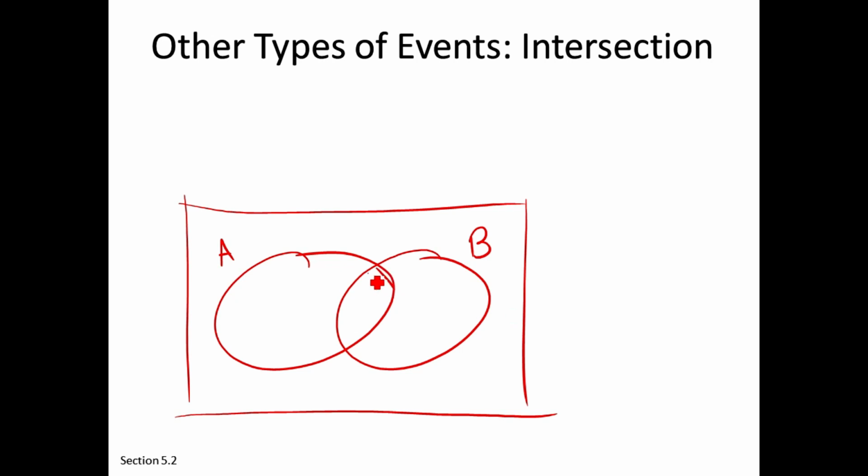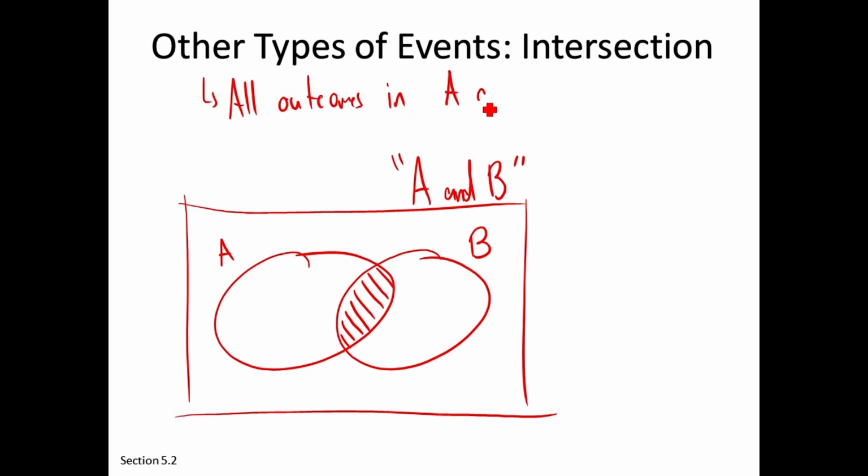The intersection is where they overlap, and sometimes this is also referred to as the event A and B. So the intersection is basically all the outcomes that are in A and B. It has to satisfy both. It has to be both one thing and the other as well.